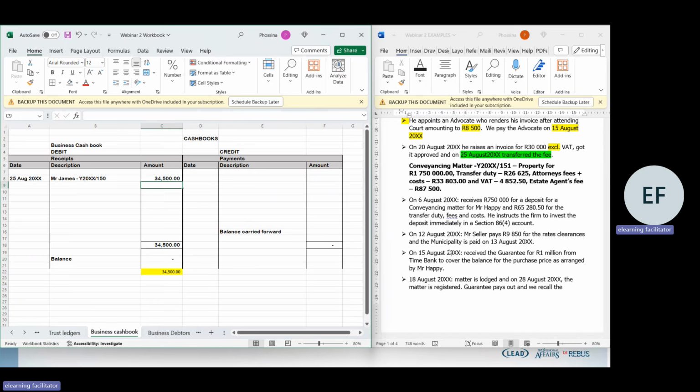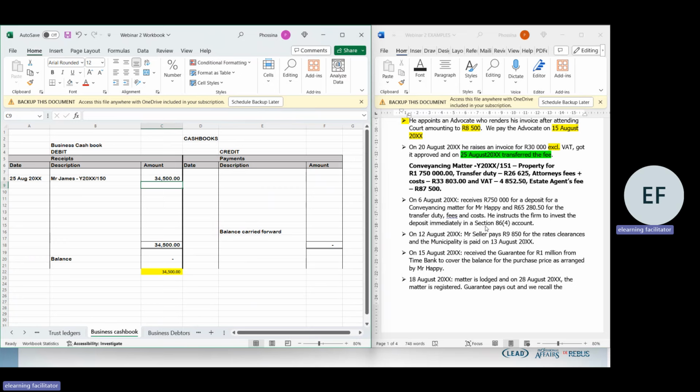Then we are told that on 6 August 20XX, the firm receives 750,000 for a deposit for a conveyancing matter. Also, this conveyancing matter is for Mr. Happy. Now we are giving people names. So this is Mr. Happy, and 65,280.50 for the transfer duty.